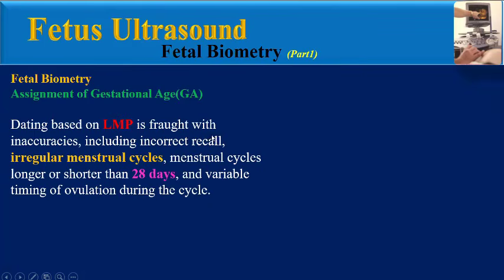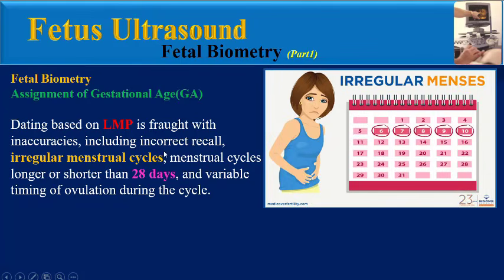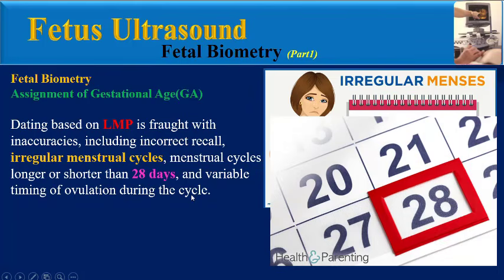Dating based on LMP is fraught with inaccuracies including incorrect recall, irregular menstrual cycles longer or shorter than 28 days, and variable timing of ovulation during the cycle.